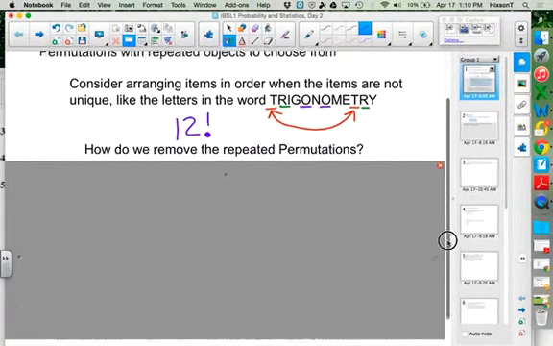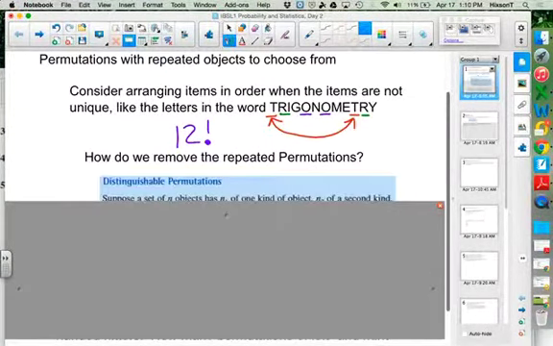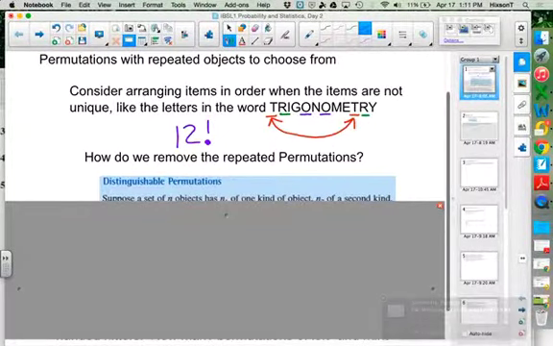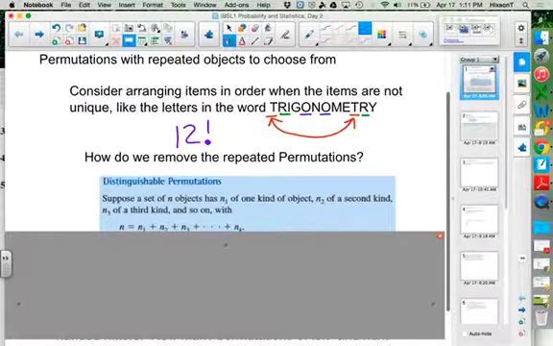So how do we get rid of those? Here's a little formula that you can use for distinguishable permutations. In other words, we're only getting permutations that you can tell are different. What we would have here is we would take the 12 factorial and we need to divide it in order to get rid of those identical or repeated permutations.